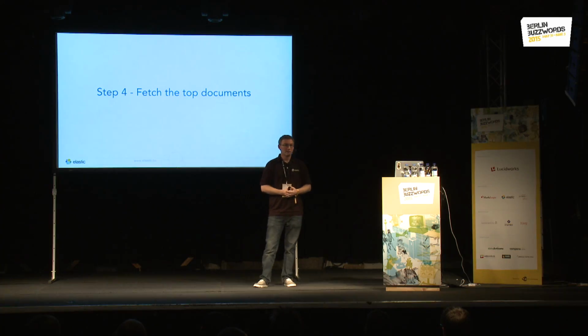So finally, we have got all of the documents that are most relevant. We've done a sort on this score, where we took our relevancy score from Lucene and multiplied it by popularity that we pulled from doc values, and now we want to return something to the user. So what are we going to return?